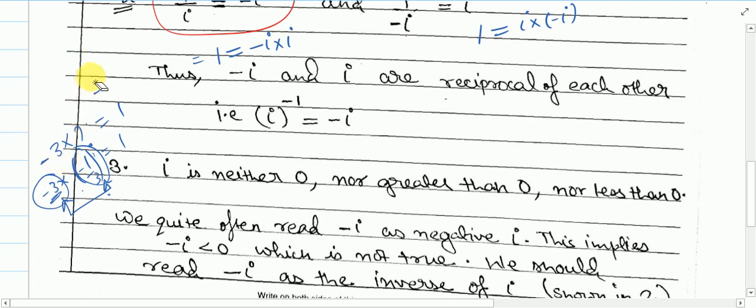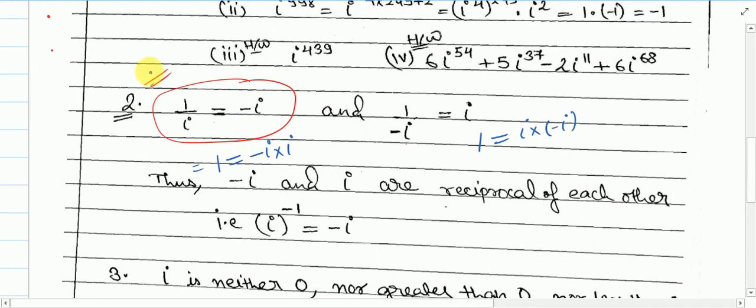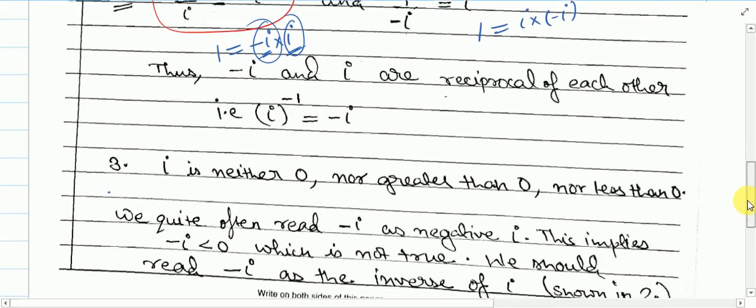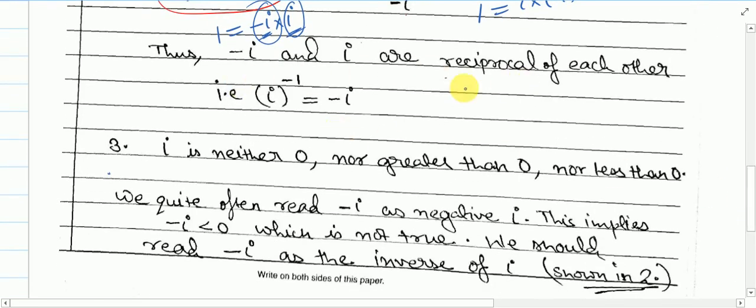Same way over here, we observe that when we take the product of minus i and i, the answer is coming 1. So that's why these two are inverses of each other, or we say they are reciprocal of each other.